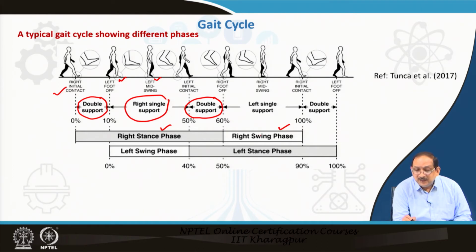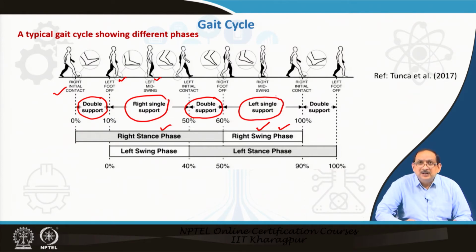It is followed by the swing phase of the right leg, where the right leg is swinging in the air and is not in contact with the ground. During that phase, the left leg is in contact with the ground and the body is supported by the left leg.